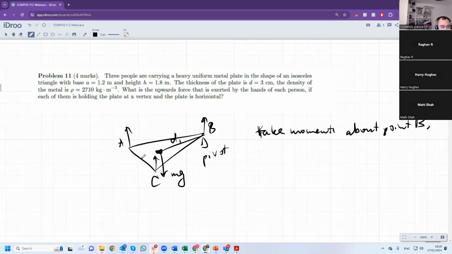Then you need this distance, which is d2. So d1 times mg is equal to d2 times fa plus fc. But the fly's mass is definitely relevant.